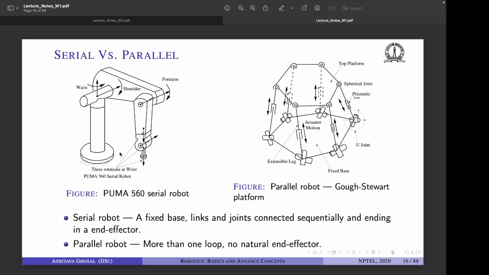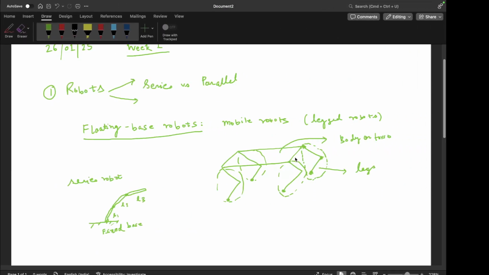Now, if we mount these serial robots not on a fixed base, but a base which is free to move, right? Basically, a base which can translate and rotate. So this base has additional 6 degrees of freedom, right?